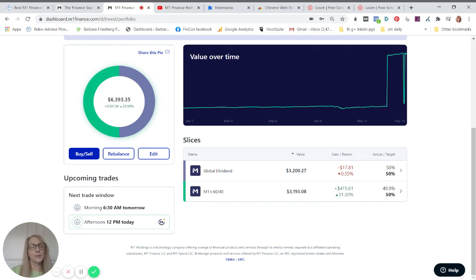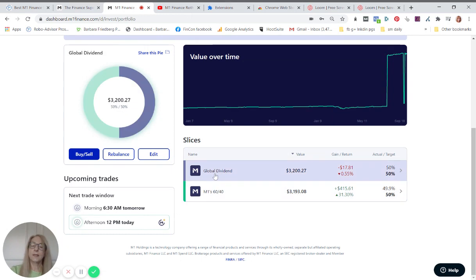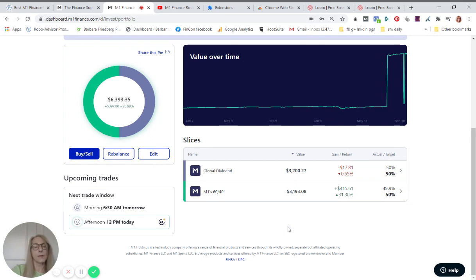I also did a little bit of guesstimating in that if the market does tend to experience a great drop, my thinking is that possibly this global dividend fund might hold up well if the U.S. market falls and the global market doesn't, because the dividend stocks typically hold up relatively well during a stock market decline.